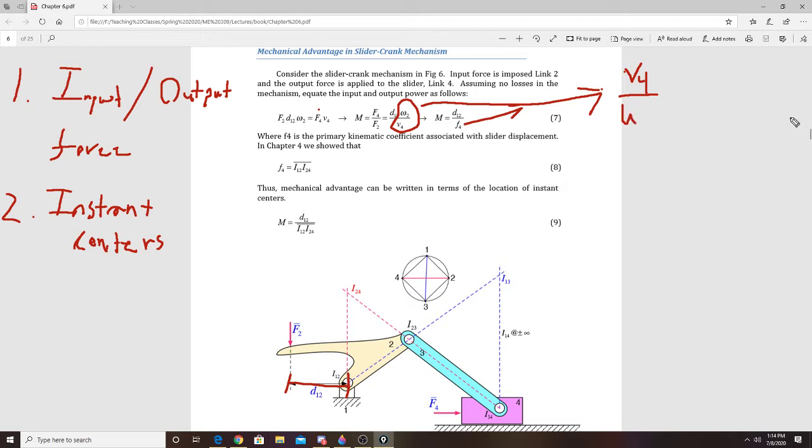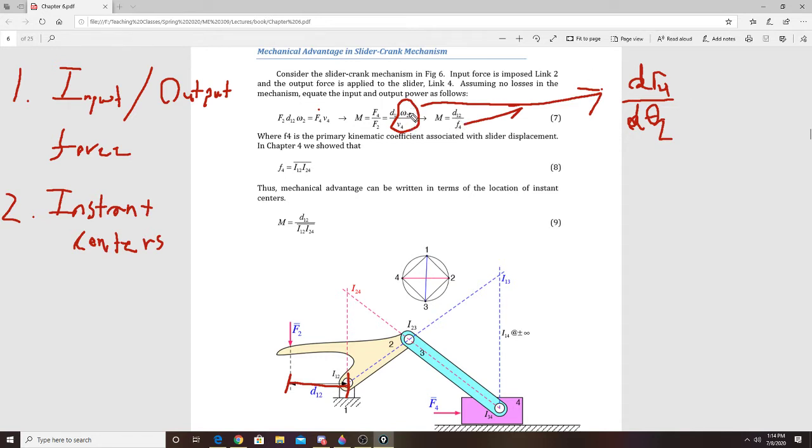If you remember, it's denoted as dr4 over d theta 2, right? Do you recall? So remember, whenever F is being replaced in the equation, it's dr4 over d theta 2.